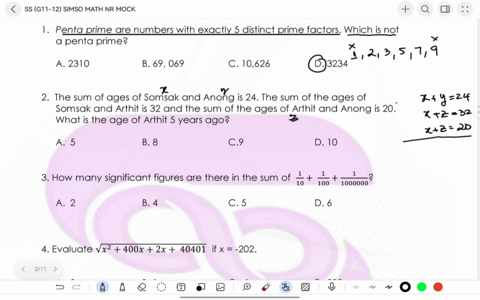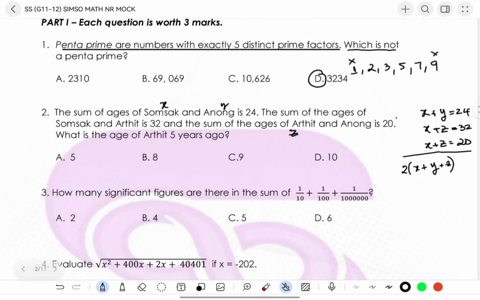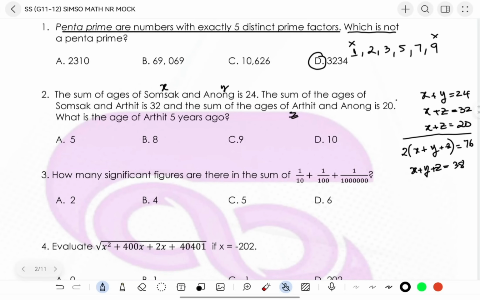If I add everything together, I will get 2x plus 2y plus 2z, and I factorize 2 out, so I get 2 times (x plus y plus z), which equals 76. So x plus y plus z is 38, right? The question asks for the age of Atit, which is z.